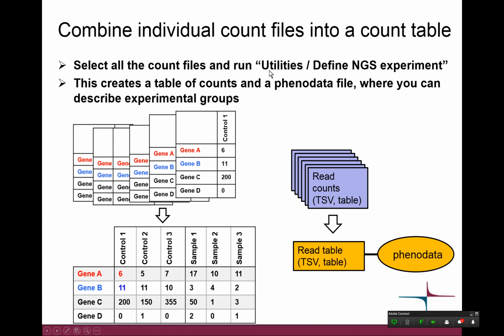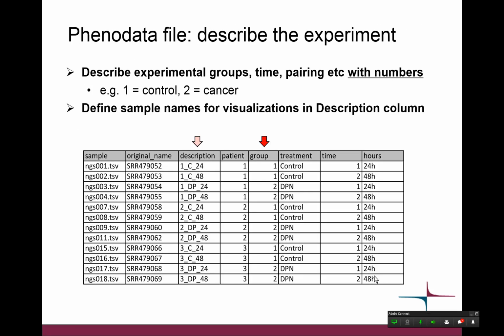For that, there is a tool in the utilities category called Define NGS Experiment. This tool creates not only this table, but also another file called the phenodata file, which is a very special file and has a big importance in Chipster.